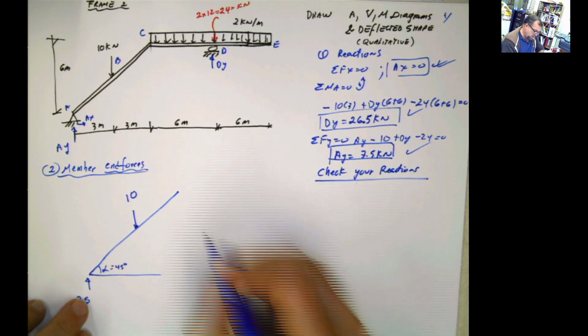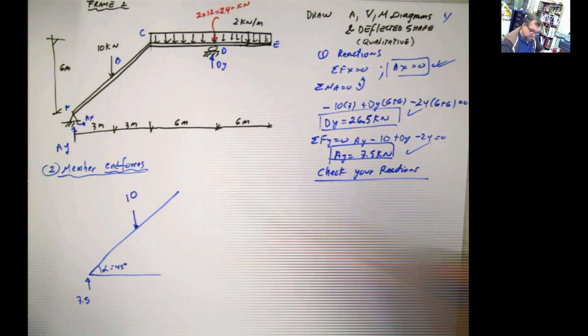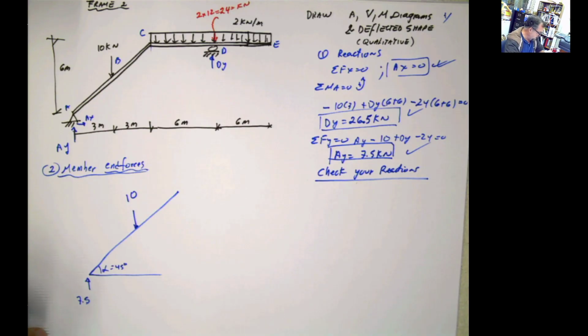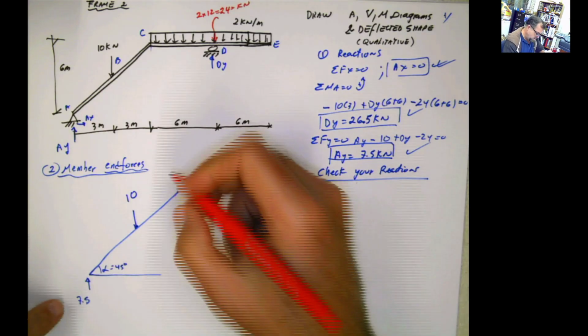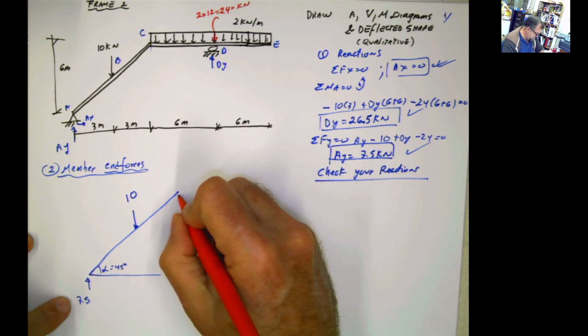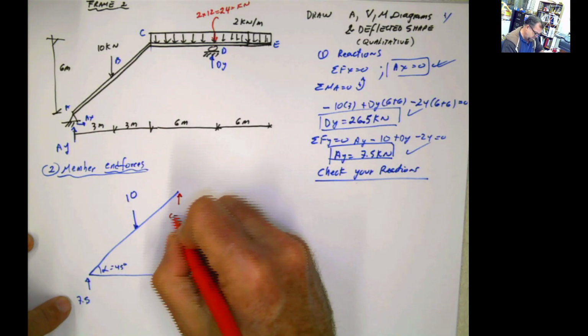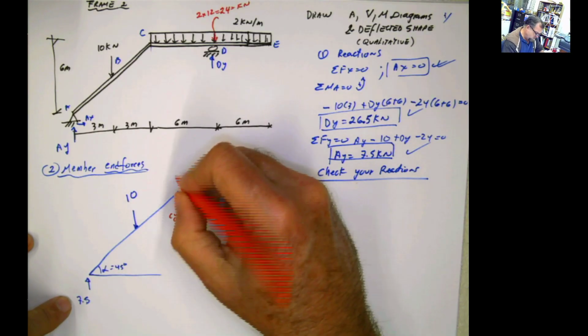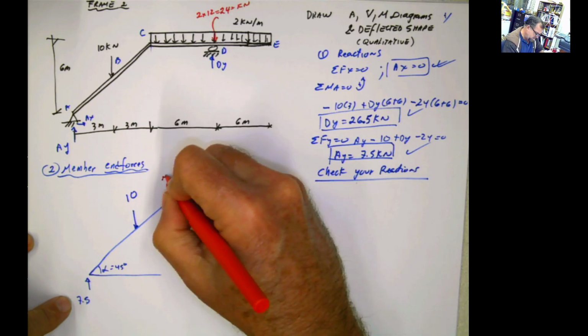And then I have to calculate the values at this other end. I'm going to call them CY, and I'm going to put the moment here as MC.